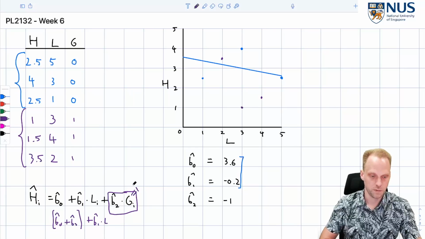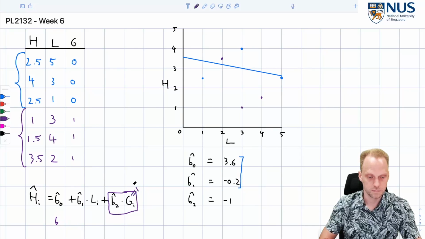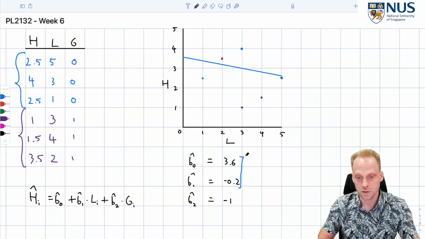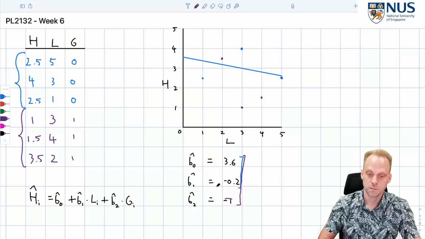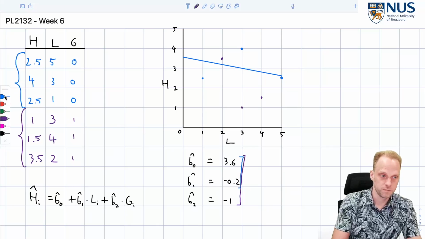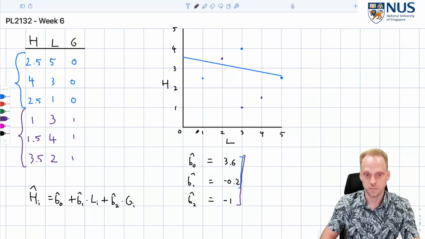So let's clean this up a bit. That means that for the cats we use all 3 coefficients, and we can see that the intercept basically goes down by 1 point. Okay, so let's try to fill it in.